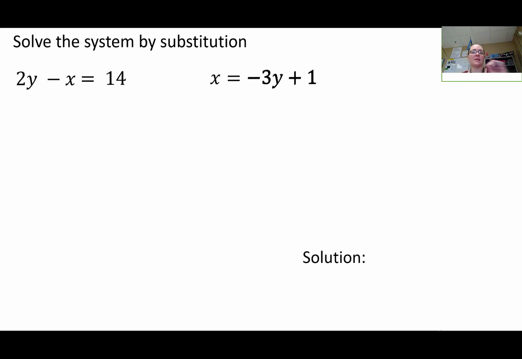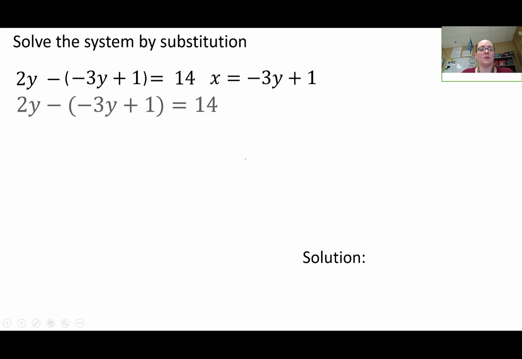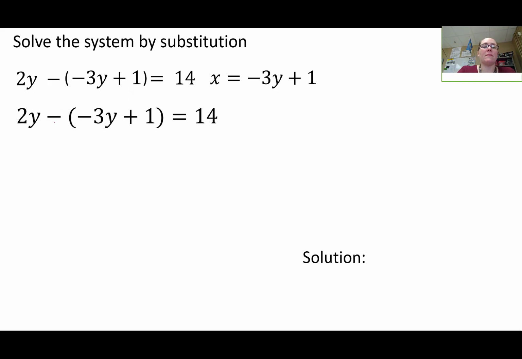Now we're going to look at this last one. 2y minus x equals 14, and x equals negative 3y plus 1. This time we're replacing the x again. Notice that I still have this minus here. Because my x was negative, when I plug this part in, I have to multiply by a negative 1 first before I can do anything else.